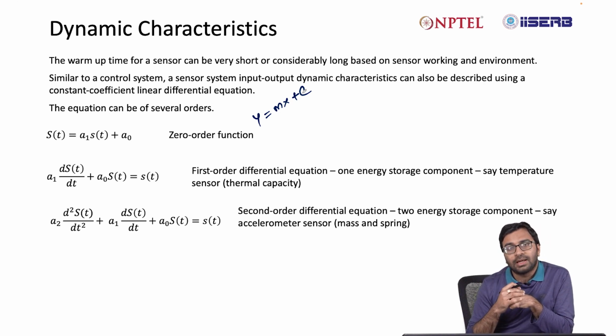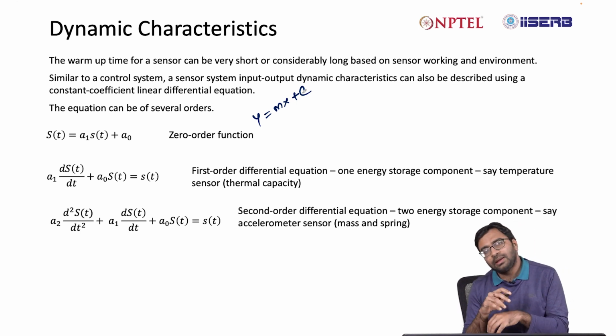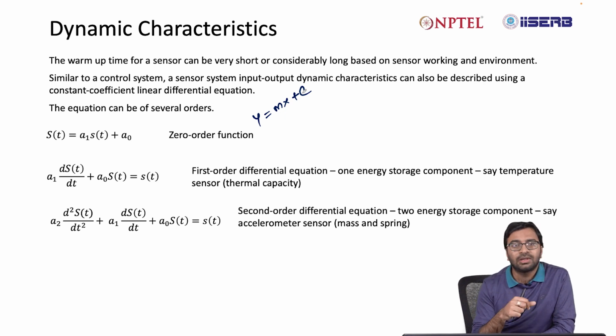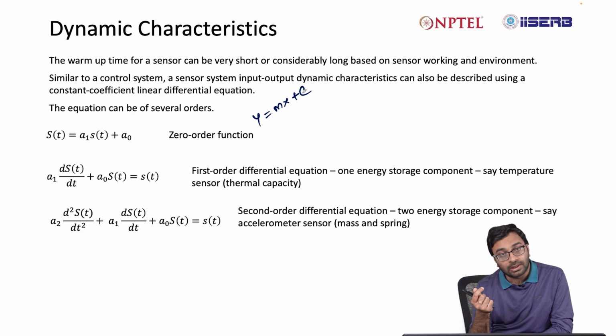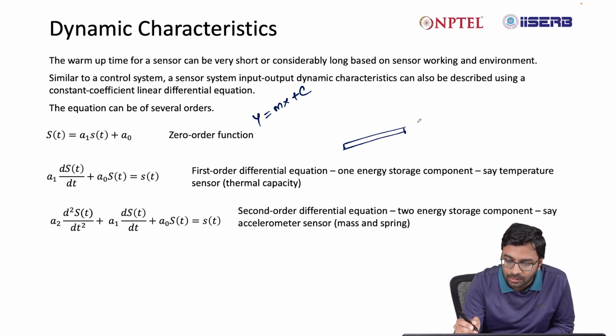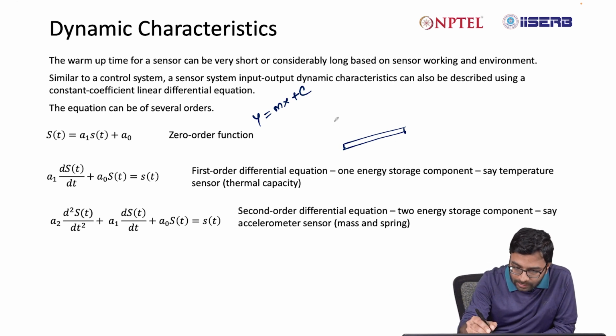Similarly, if you take an example of an accelerometer, you'll find that an accelerometer has two different storage systems. One is mass, another one is spring. Because it's a MEMS device, it has a mass associated with it, it has a spring associated with it. Just to give you an idea, because you probably have not seen the structure of an accelerometer, I'm just drawing it here.